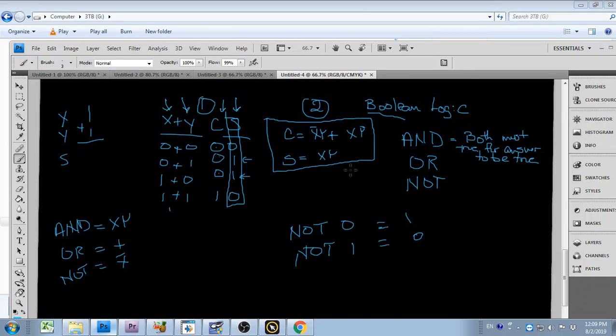Okay. So you're maybe still asking yourself, I still don't know where you're going with all this. That's normal. That's to be expected. This S could be read as S equals X and Y. Well, let's start with S because it's so much simpler to follow. Oh, you know what?